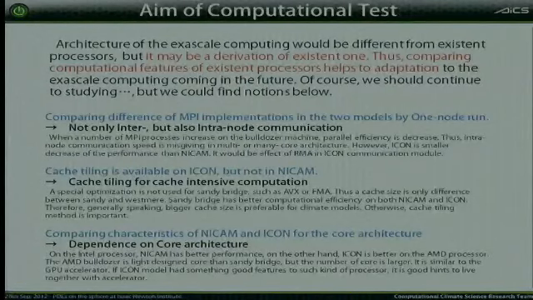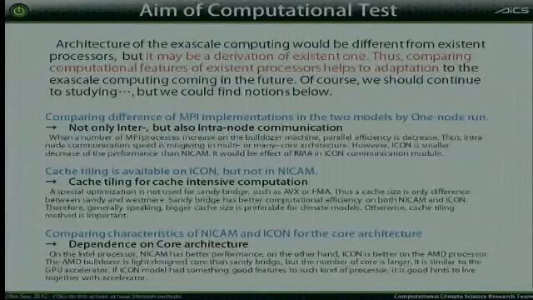Of course, we should continue to study computational performance, but we could find some notions below. For example, comparing the difference of MPI implementations in the two ICON and NICAM models by one node run, we can find not only intra-node communication, but also inter-node communication is very important to get more parallel efficiency.